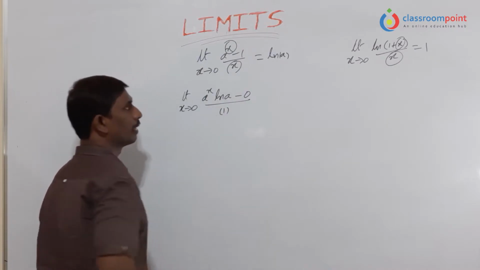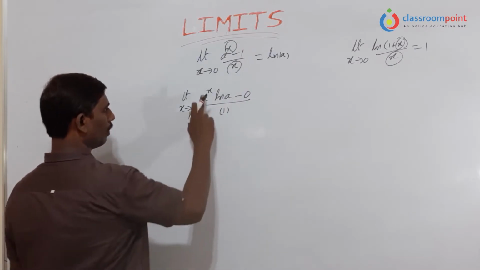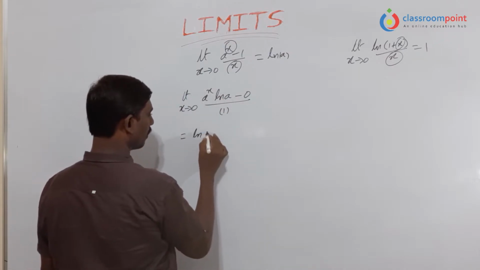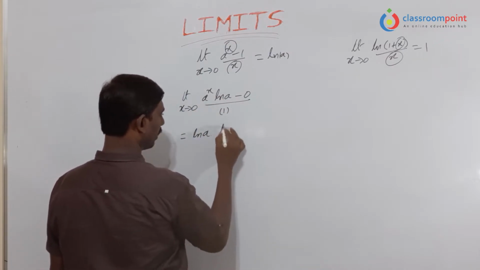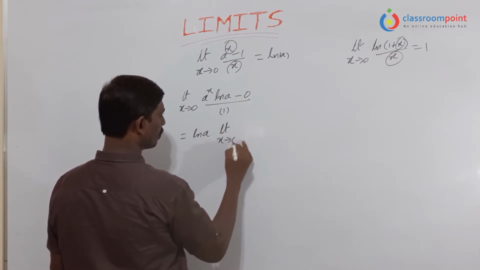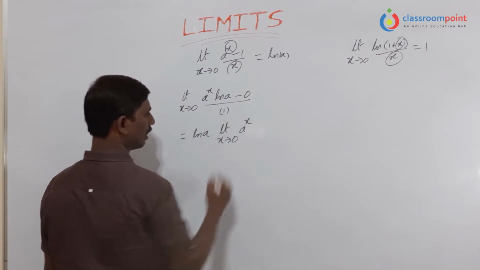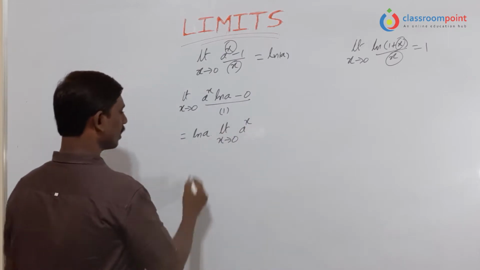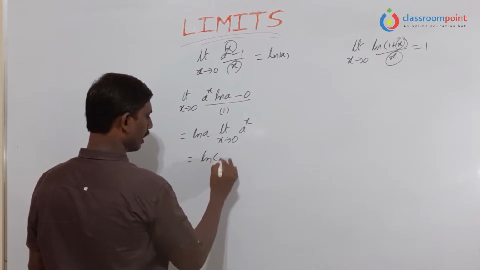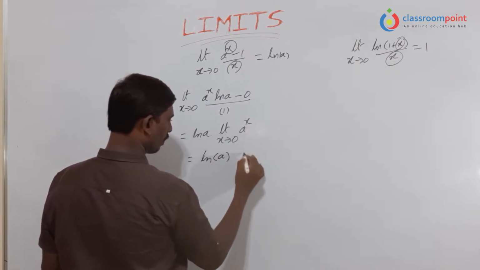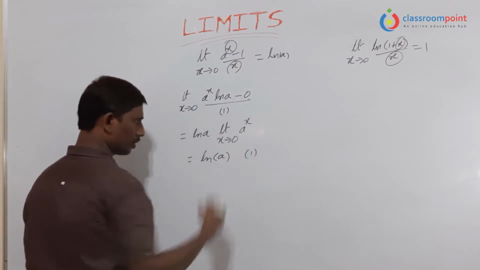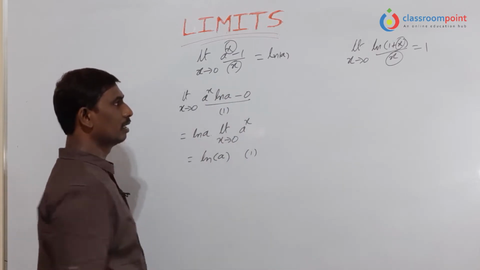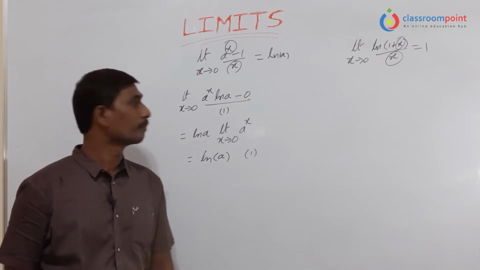Now, this is constant, keep outside. Ln of a remaining, limit x tends to 0, a^x is remaining. In the place of x, apply 0. Then the result is ln of a only. Here we are getting 1. Anything power 0, the result is 1 only. So this is one of the ways of solving.